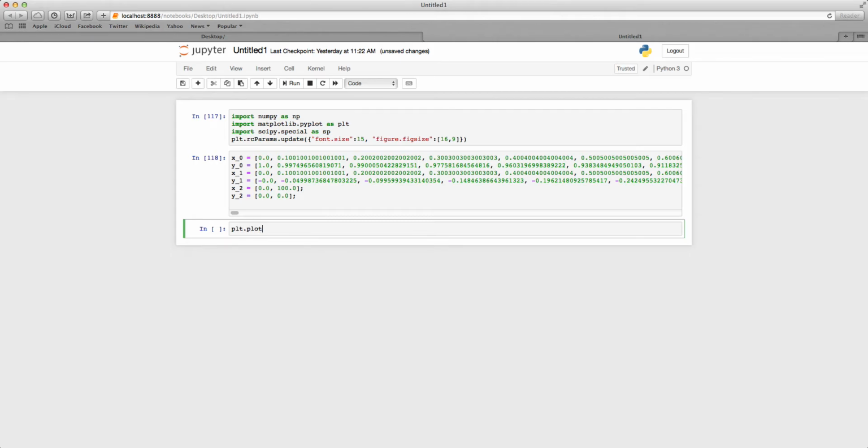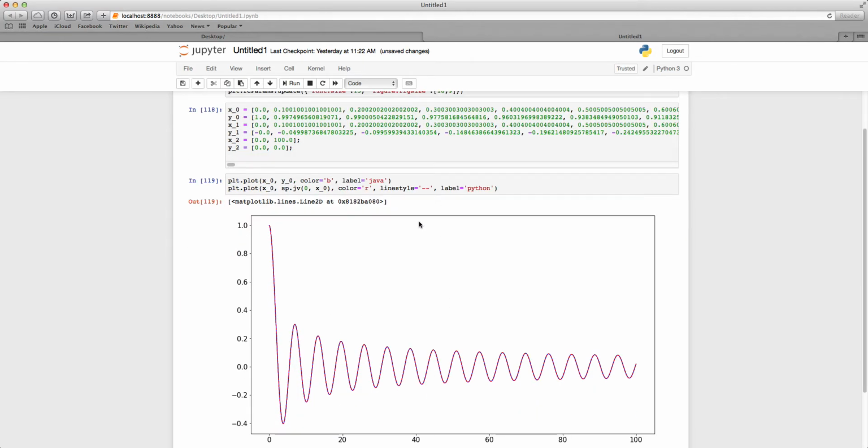So plt.plot x0, y0 and color blue, and then label Java, and then plt.plot x0, scipy.special.jv, and we want to calculate 0 and x0, color red and line style dash, and then this is Python. So we get the perfect fit.